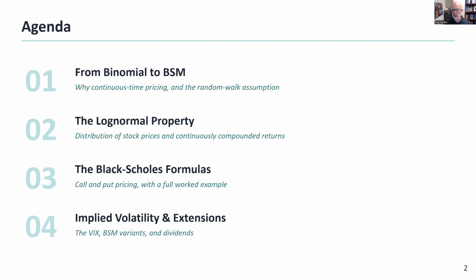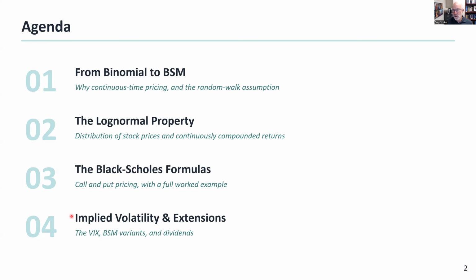The flow is basically to motivate the continuous time setup. Then this will set up the log normal property. We'll talk about the log normal property of stock prices, not log normal properties at large. Then we'll derive formulas, and take a look at implied volatility and a few practically important extensions using the Black-Scholes model.